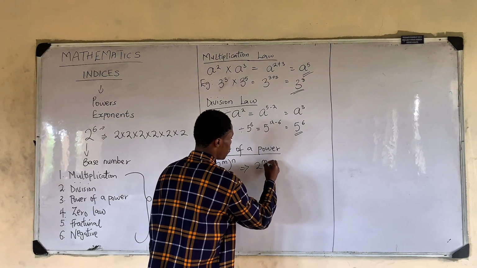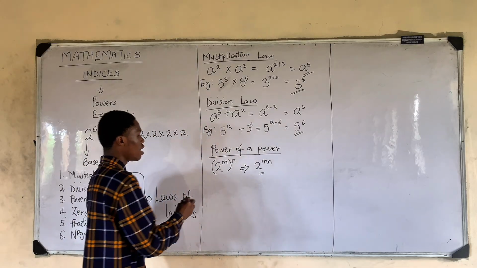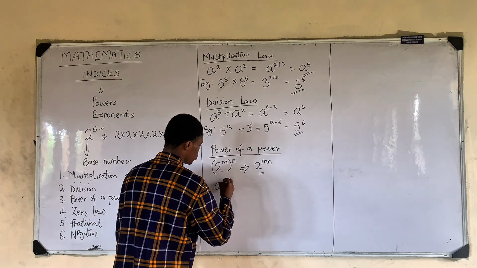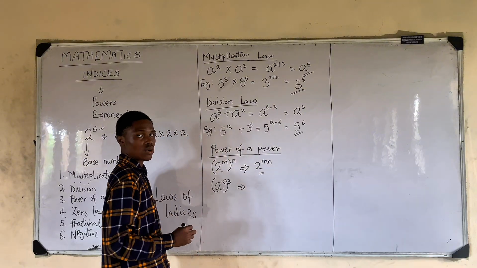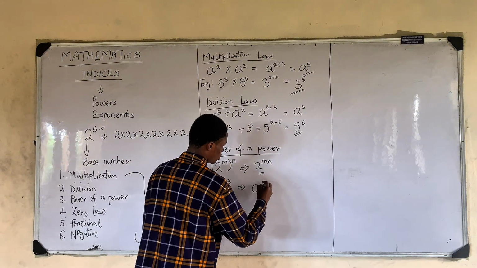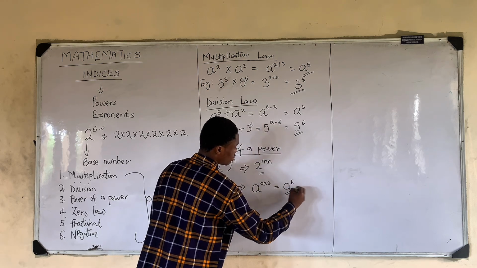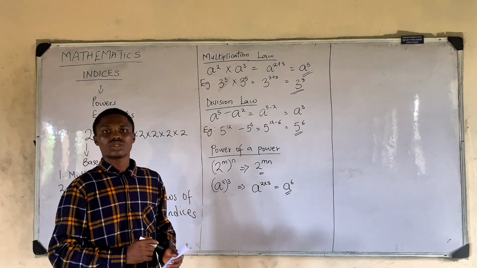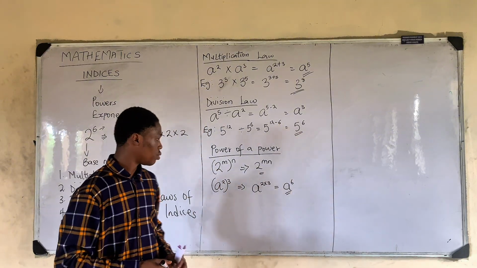You have mn. So we have a raised to power 2, in brackets, to the power 3. This implies a raised to power 2 times 3, which is a raised to power 6. So this law is the power of a power law, and it is very, very simple.